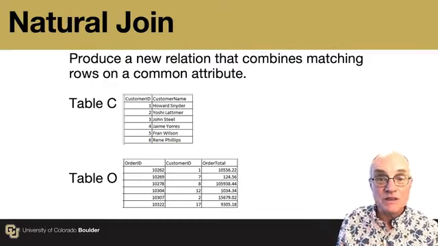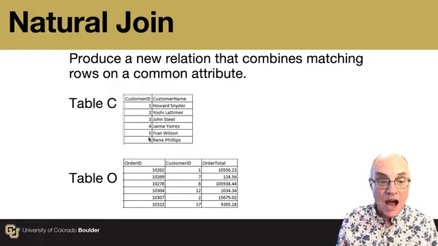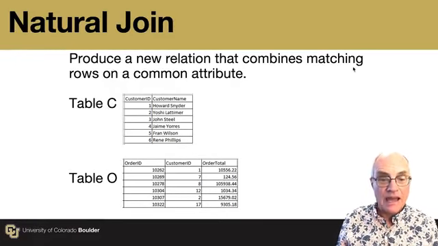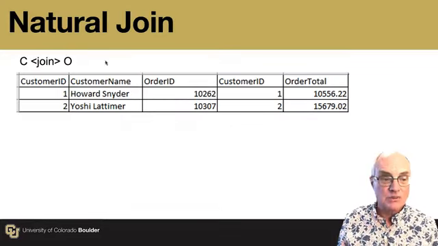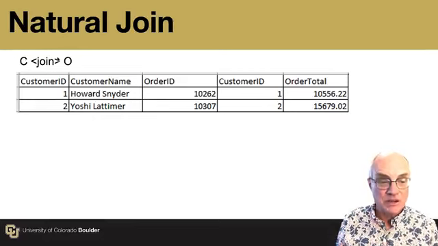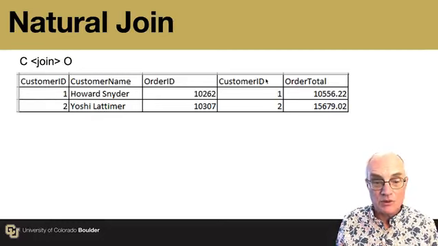Well, it allows me to do a natural join where I can take this table times this table and match them together on a common attribute. So my natural join allows me to join table C with table O, where the customer ID from C is equal to the customer ID from O. That's called a natural join.